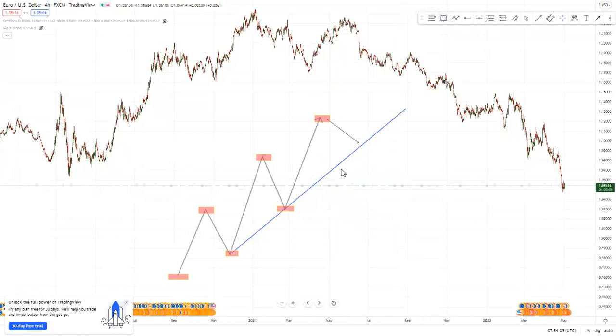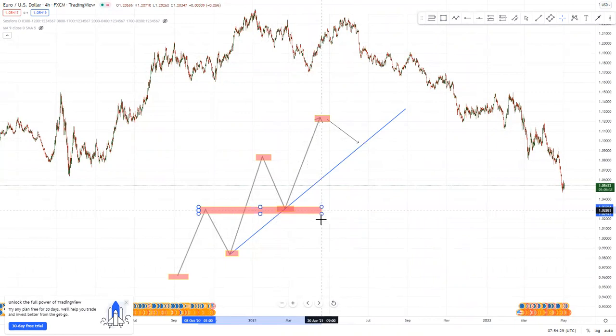See, the market moved from this point to this point and created a resistance here, which does not allow the market to go up. Let's draw it out. Can you see now?